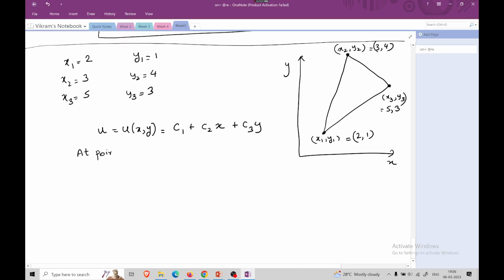I am going to substitute each point one by one. At point 1, u1 is equal to c1 plus c2 x1 plus c3 y1.